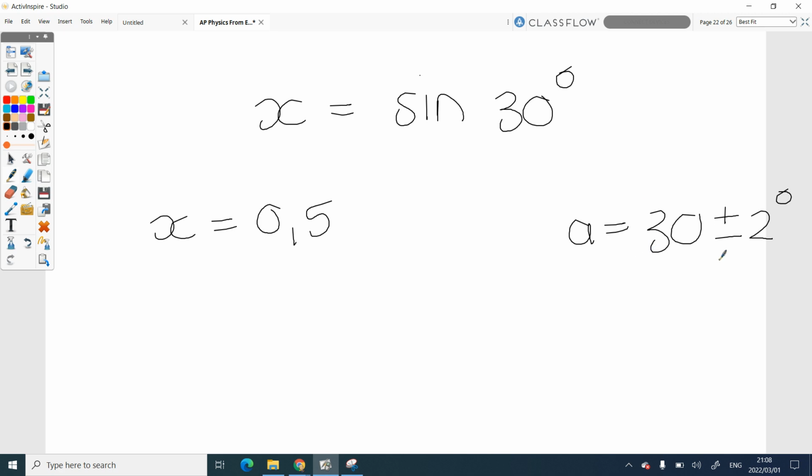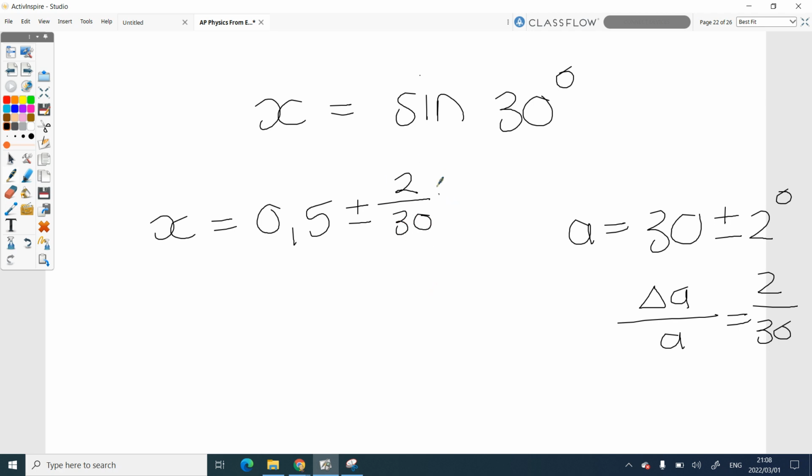What this means is that the fractional uncertainty in this value, change in a over a, is equal to 2 over 30. And that means this value will get a plus or minus 2 over 30 as well, because if the uncertainty in my angle is this, my uncertainty in the function will also be 2 out of 30.